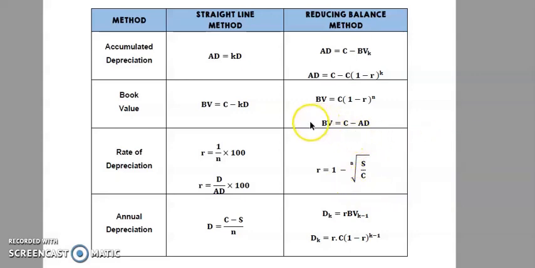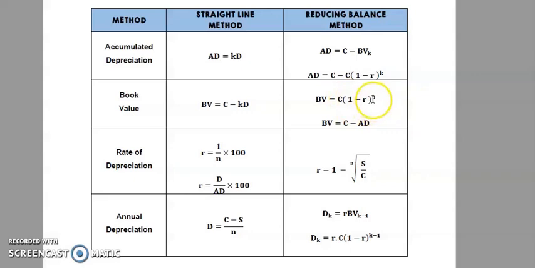Okay, look at how to calculate book value under the reducing method. So book value equals cost multiplied by 1 minus R, to the power of N. Note here that N can also be replaced by K. N refers to useful life, right? If, let's say, you want to calculate book value in year 4, here you substitute N or K equal to 4.